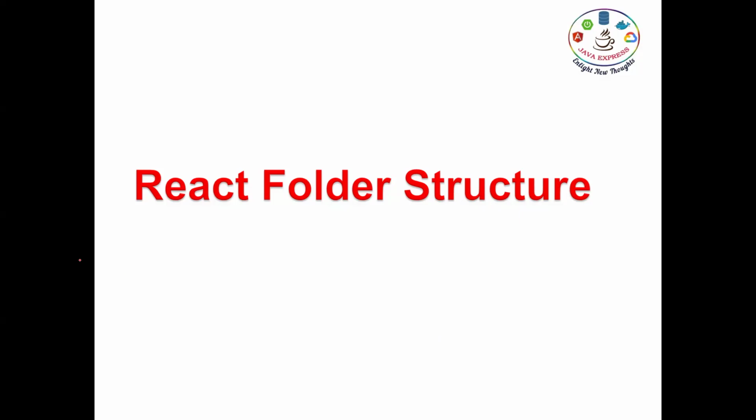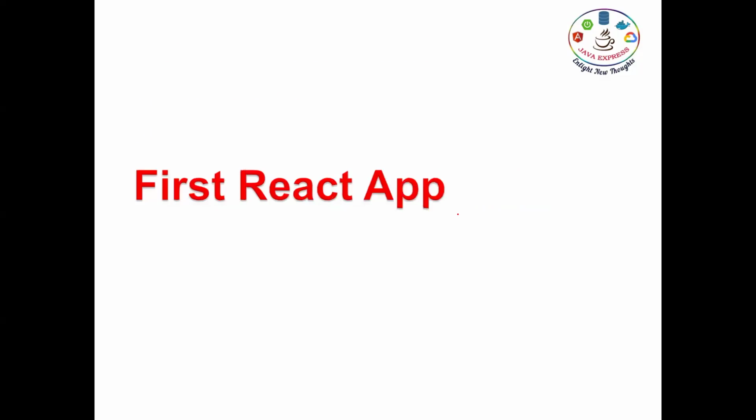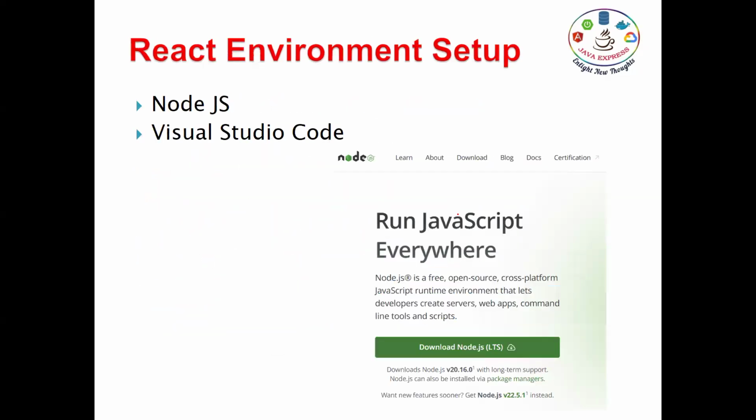Now, how to create the React application. Let me revisit. To work with React in your local system, two softwares are required: Node.js and Visual Studio Code. I will upload these two softwares on our portal.